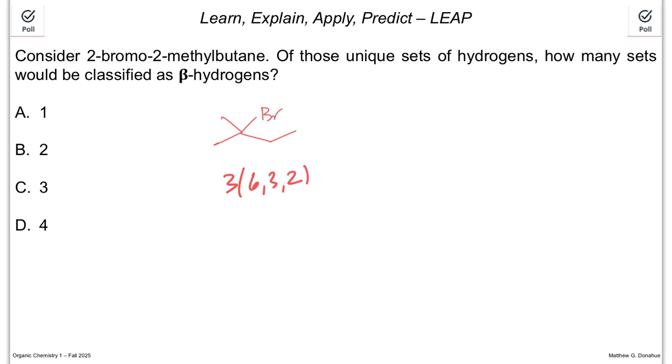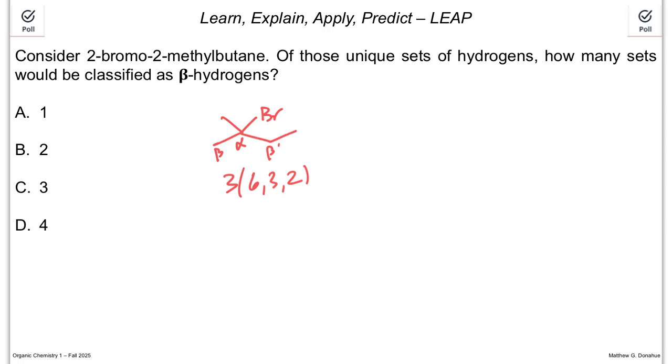So of those sets, how many are beta hydrogens? So of these 3 sets, only 2 of them are going to be classified as beta.